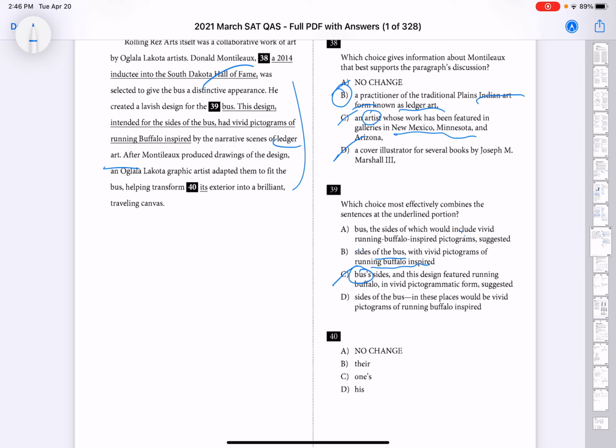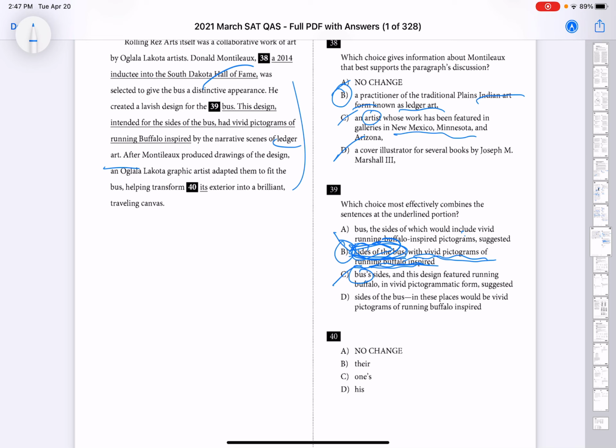Okay, so it should be he created a lavish design for the sides of the bus. Okay, yeah. So he created a lavish design for the sides of the bus. Because A says bus and bus's sides, it should be the sides of the bus with vivid pictograms. So they created the design for the sides of the bus. And what about these sides? With vivid pictograms of running buffalo inspired. So 39 should be B.